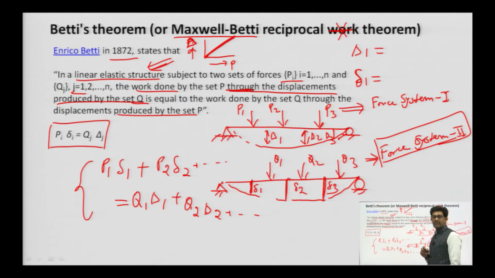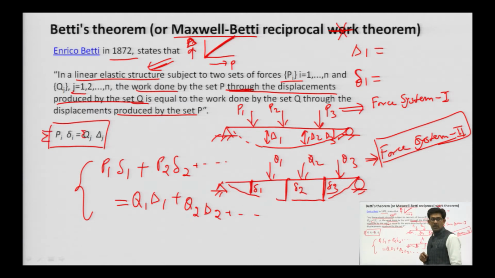These are the work done. These are the forces acting, so the work done will be the product of Pi into delta i, and the summation will be added also.